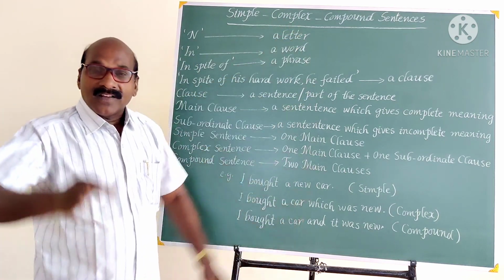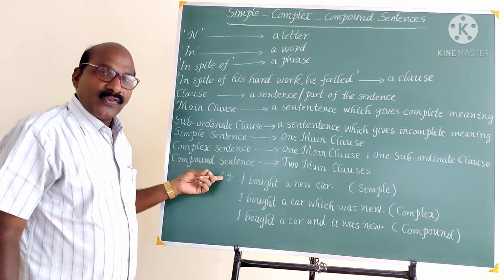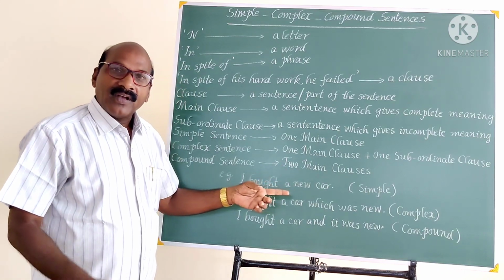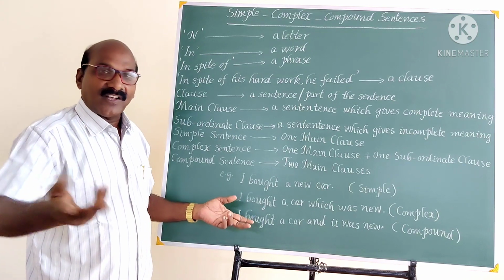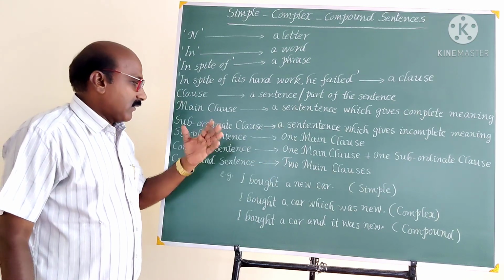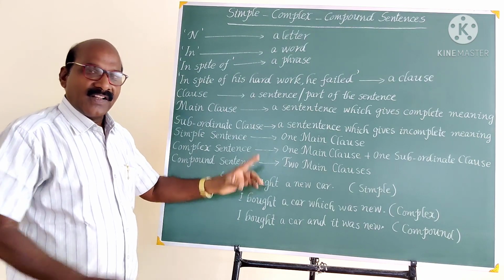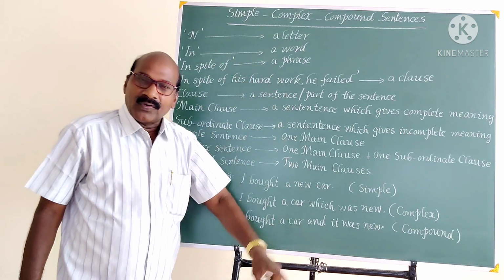In case of compound sentence, along with the two main clauses we can find any number of subordinate clauses practically, but from the viewpoint of exams we find only two main clauses. And this is in brief about the simple, complex and compound sentences.